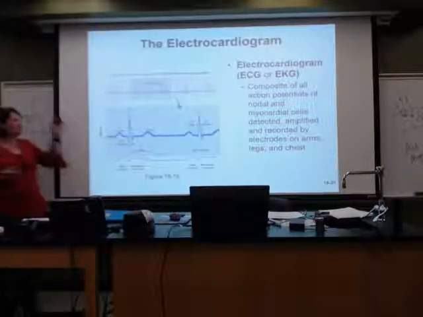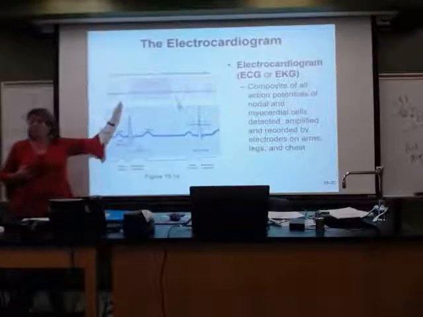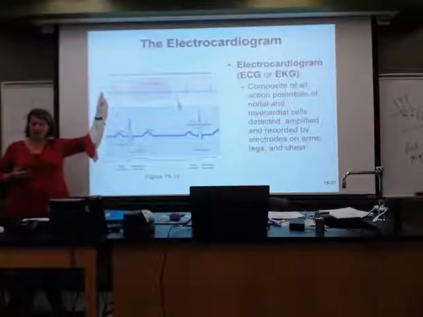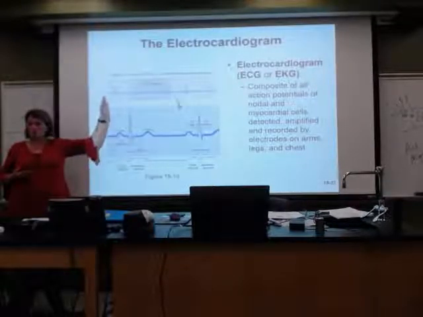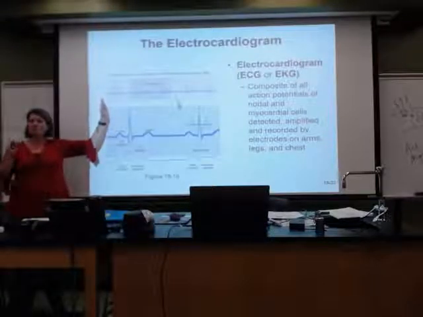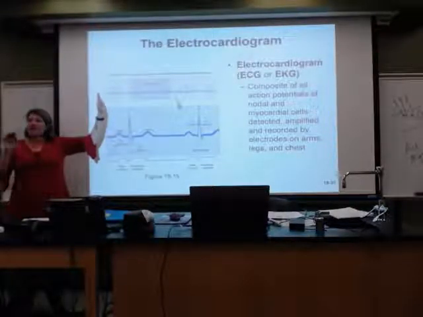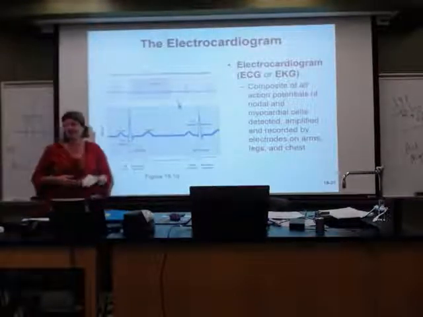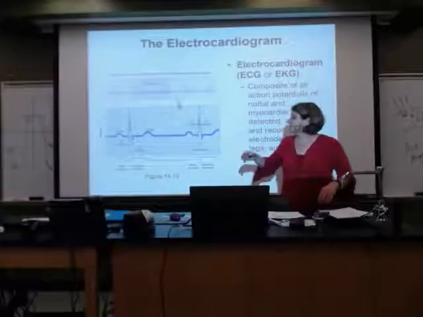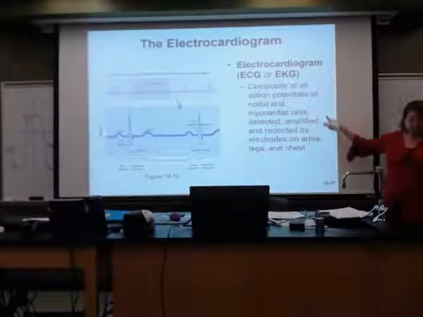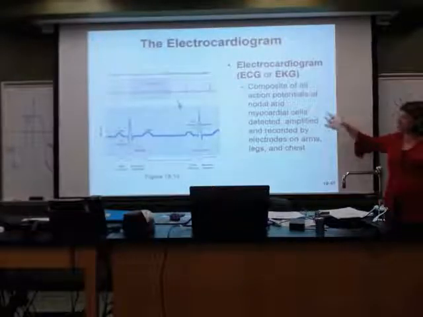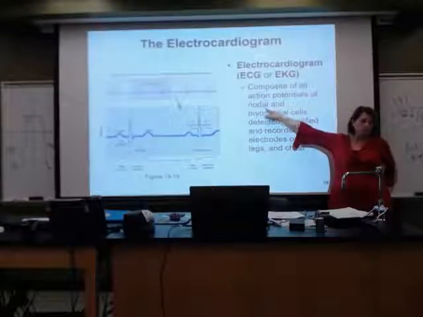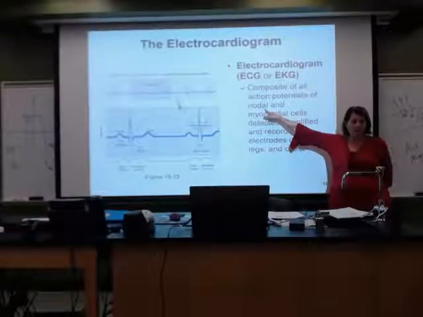Because there is a norm on the ECG. Any of these peaks and valleys, lines, if anything wavers from what is the norm, something is wrong. Now, when you look at the ECG, it's telling you information about action potentials of the nodes, SA node, AV node.